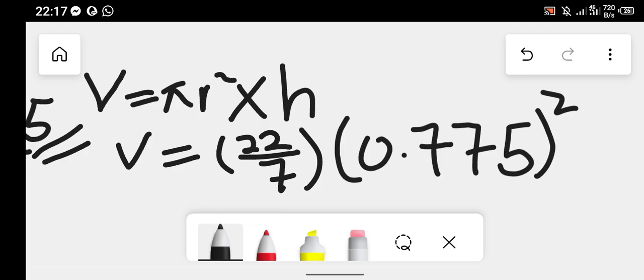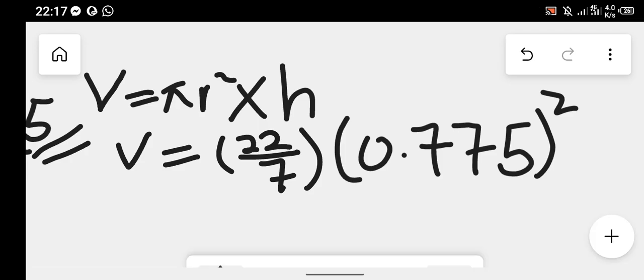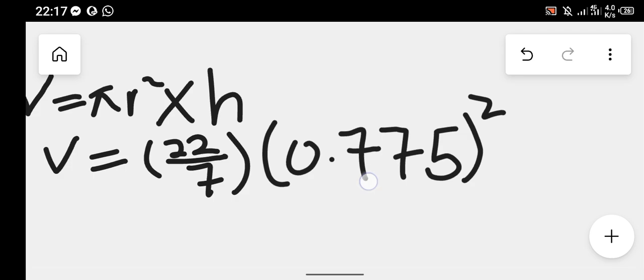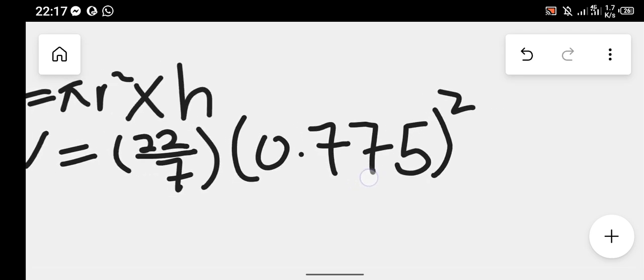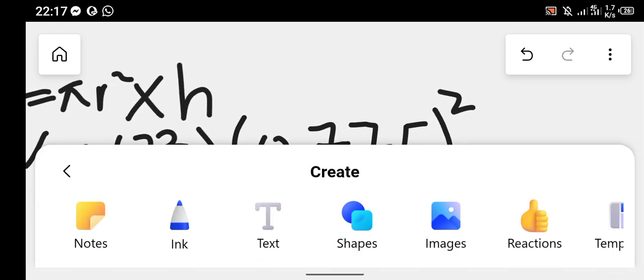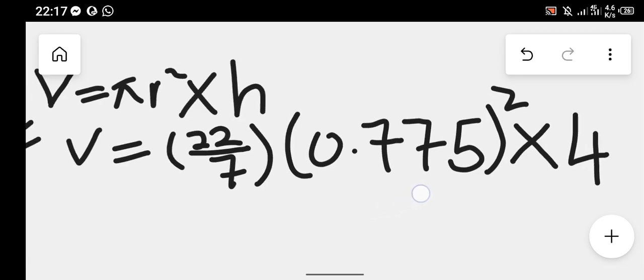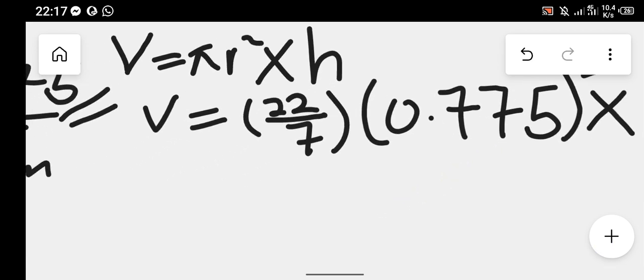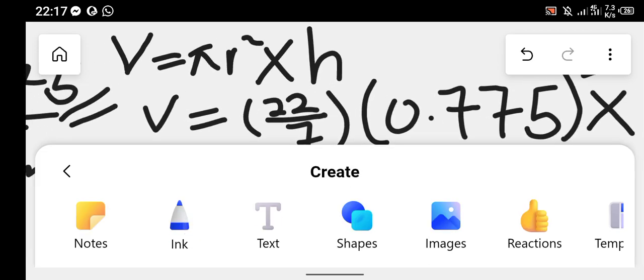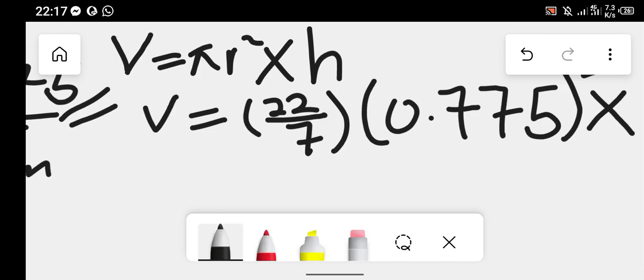Our height we have already found is 4. Here you can just punch in directly in your calculator, so that I can get the final answer for volume.